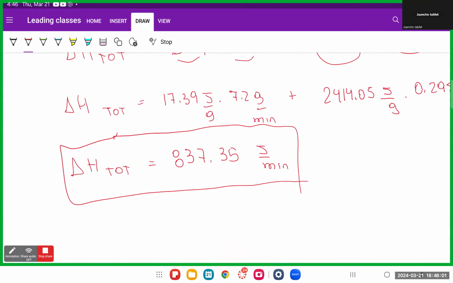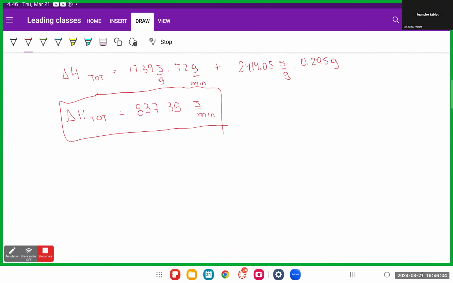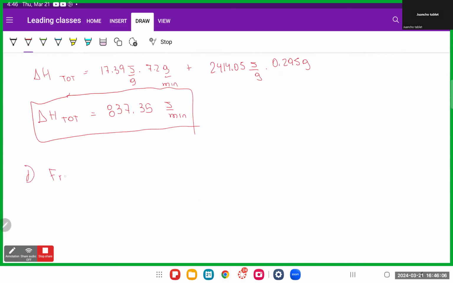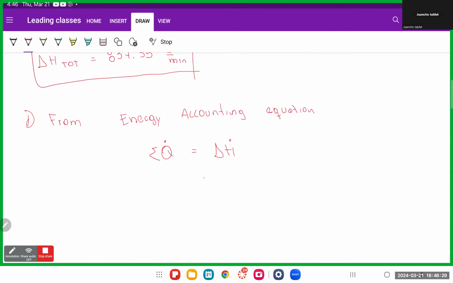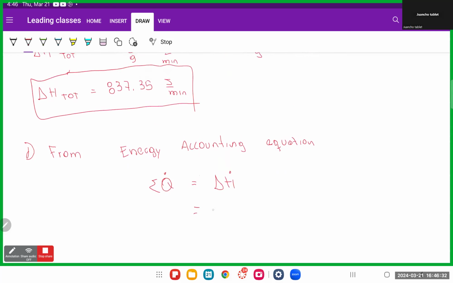So we can just write that again. So from the energy accounting equation, we know that the rate of heat transfer, the loss, is going to be equal to the enthalpy rate of change, which we just calculated to be 837.35 joules over minute.